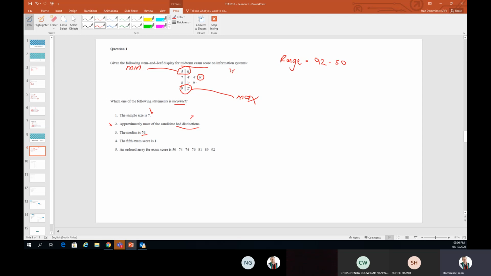How we normally do it is to say we've got 7 numbers, you add 1 to it, and divide by 2, and you will get the position. So 7 plus 1 is 8, divided by 2 is 4. So position 4, 1, 2, 3, 4, is your median. So 76 is your median.